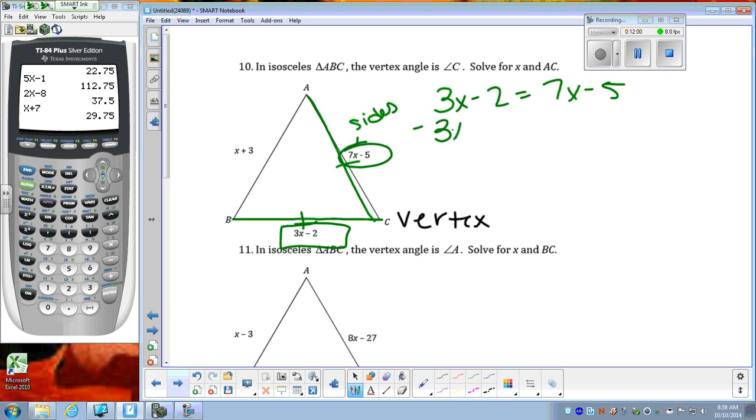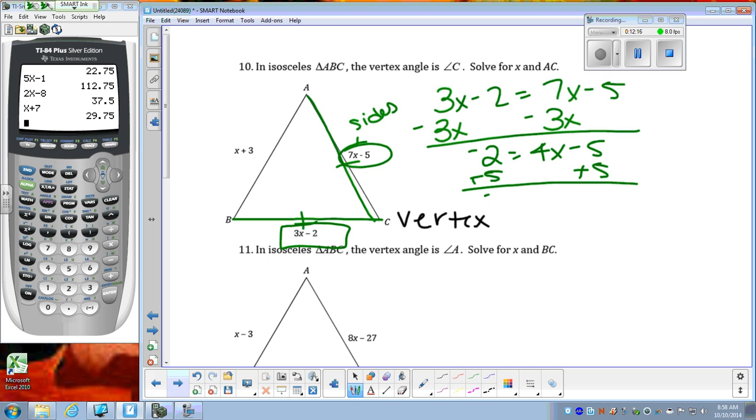Solve for x. Okay. Negative 2 equals 4x minus 5. Add the 5 to both sides. So 3 equals 4x divided by 4. I get that x equals 0.75.